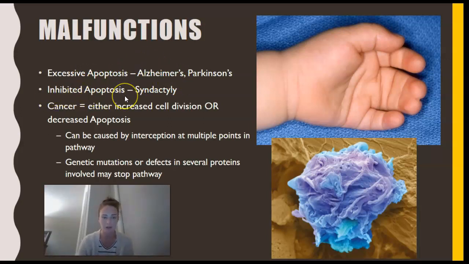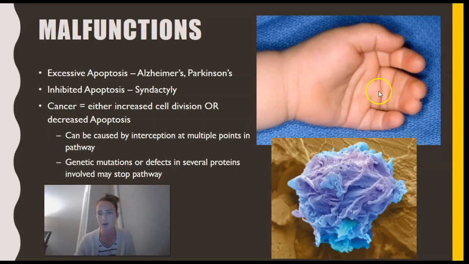Inhibited apoptosis, so where apoptosis should have occurred but didn't. The example that we've got just here in the picture is something called syndactyly. Where I referred at the start to the webbing that is present in between your fingers as a developing embryo, that thin layer of skin in between the fingers should be programmed to die off during development.